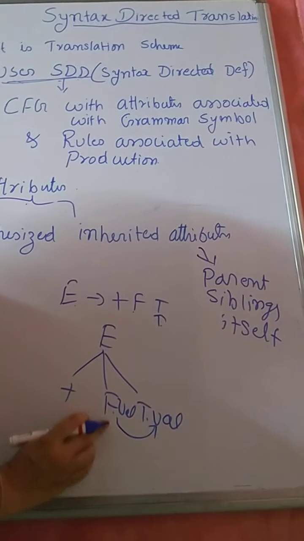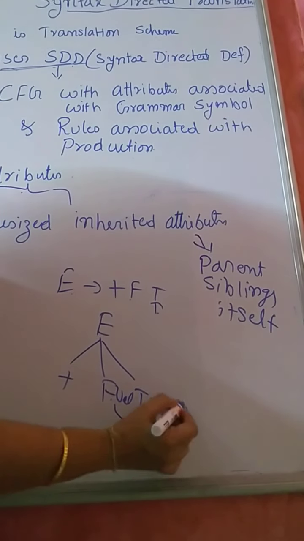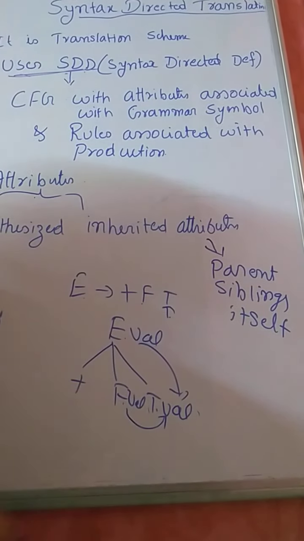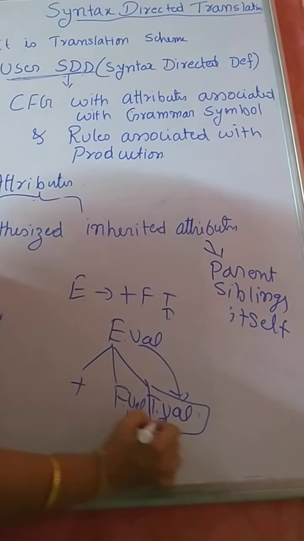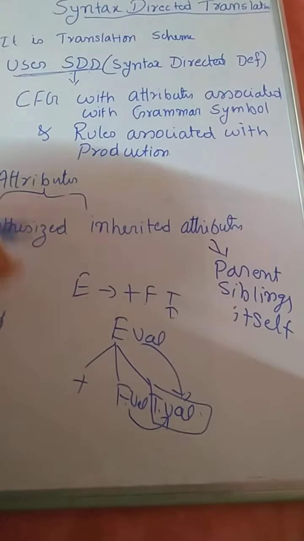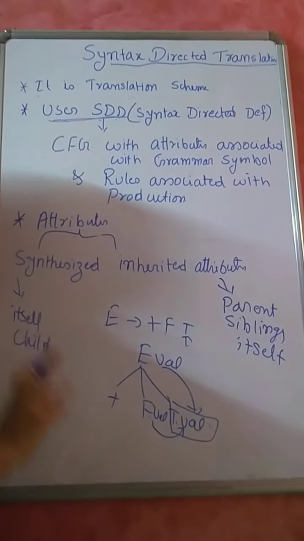That is, it is inheriting the value from the sibling, or if its value depends on the value associated with its parent, then you call such an attribute an inherited attribute. It means it is inheriting the value from its parent and from its sibling or by itself. That is called an inherited attribute.